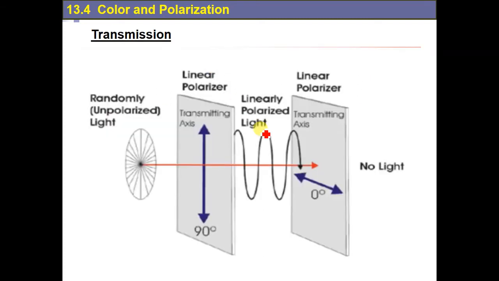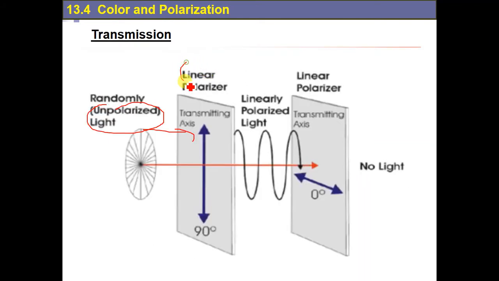You will see, for example here, this is an unpolarized light that is going to pass through a polarizer. This is a polarizing filter. See, here you have this transmitting axis.